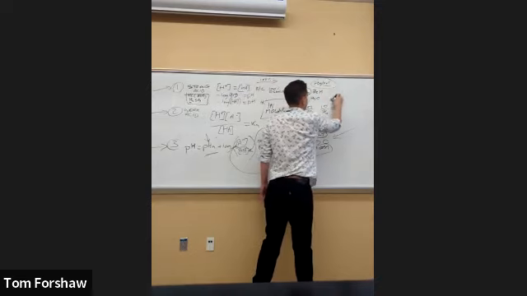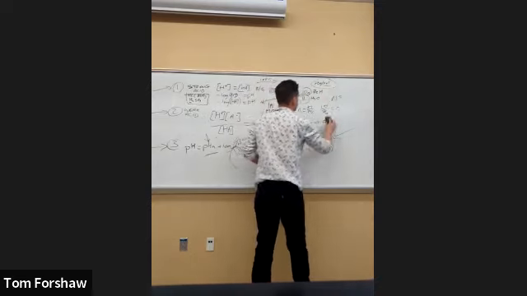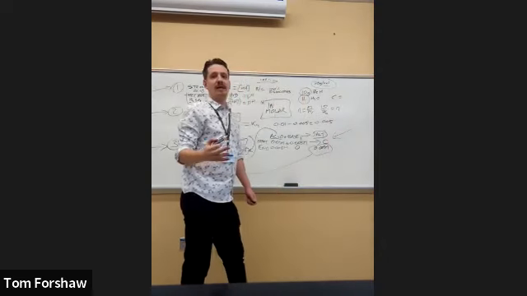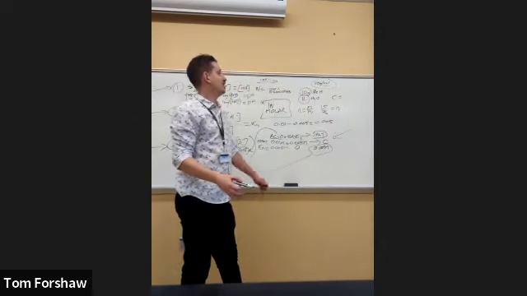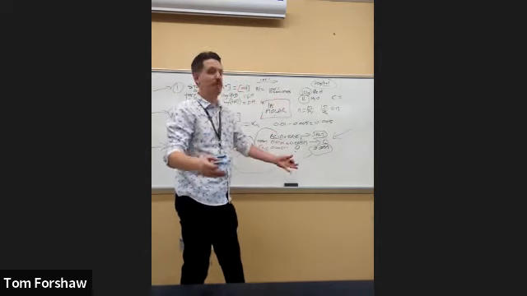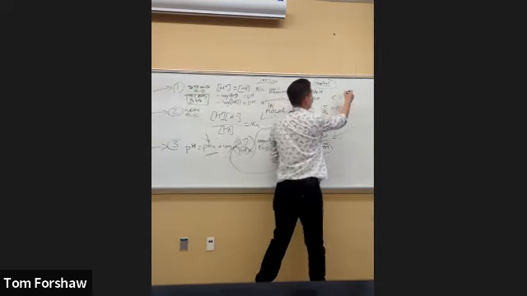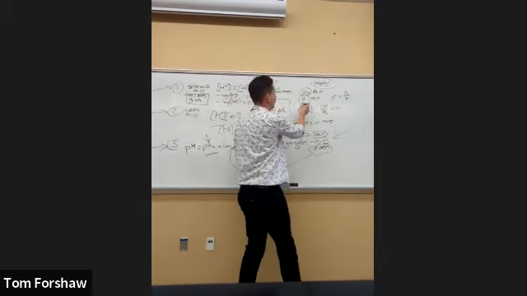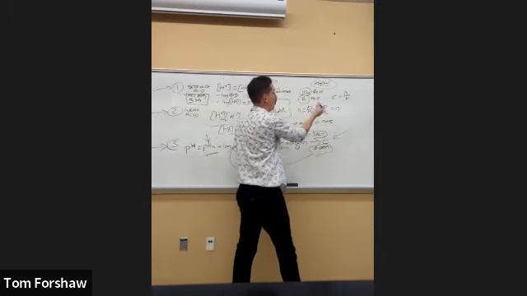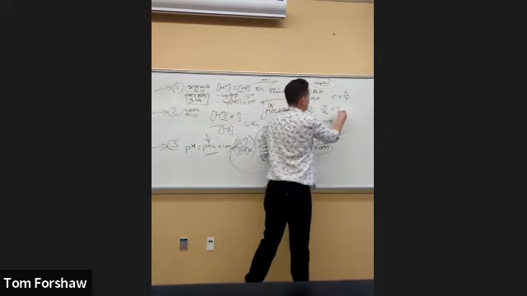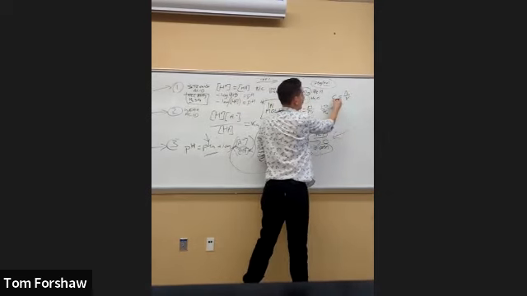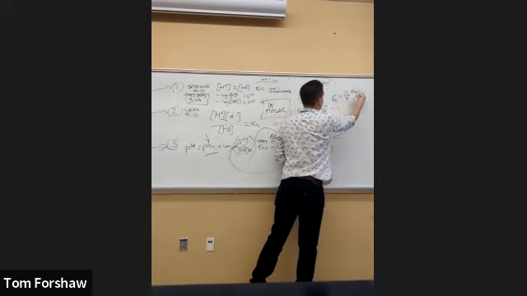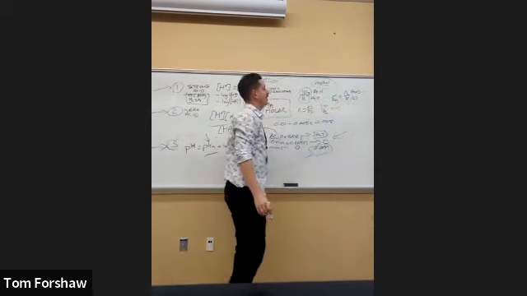Molarity is a concentration, measured in molar, but number of moles is a number of moles. So concentration equals the number of moles in however much volume. It's always in liters, so it's 1 liter. So concentration in molar is equal to the number of moles divided by the volume in liters.